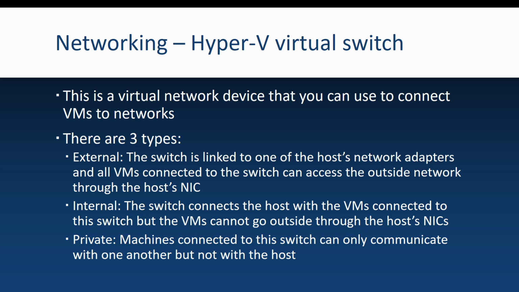Then we have the internal switch, and this one will permit you to connect the VMs with the host, but the VMs will not be able to reach the outside network. The last switch type is the private switch, and in this type, VMs connected to a private switch will only be able to communicate between them and not also with the host or the outside network.